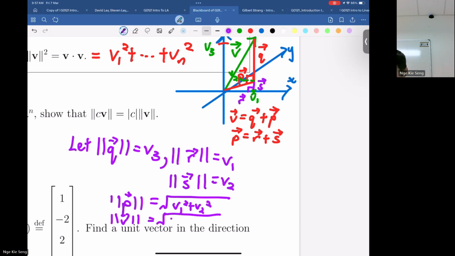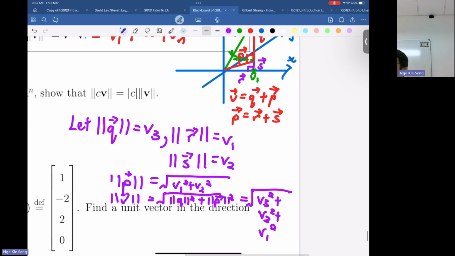Square root of the length of Q square, right, plus the length of P square. Okay, so you put them together, you get what? V3 square plus V2 square plus V1 square.